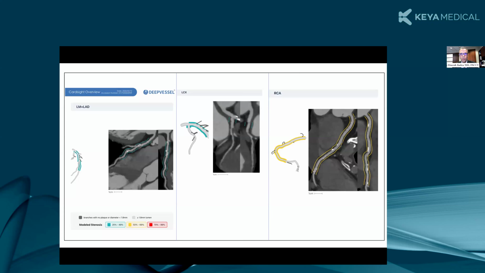So if you see what AI thinks is a moderate or worse stenosis, then you would perhaps want to interrogate that area more carefully. So here you see that there's only minimal stenosis in the left main and LAD and circumflex, and maybe mild to moderate stenosis in the RCA.